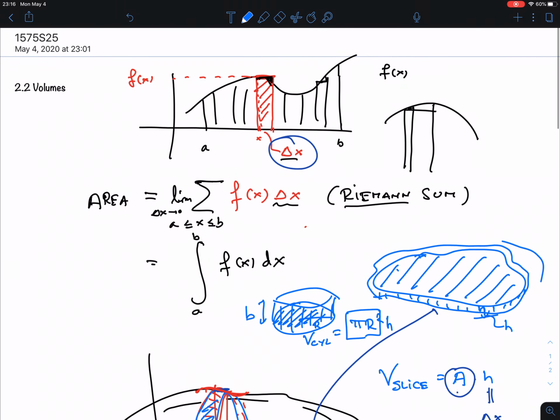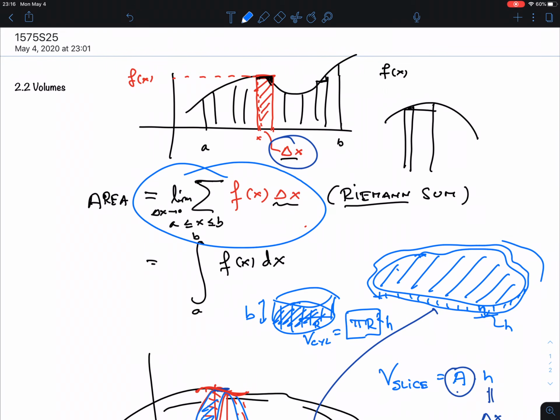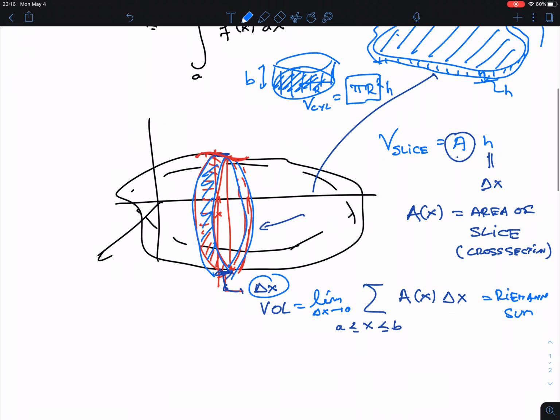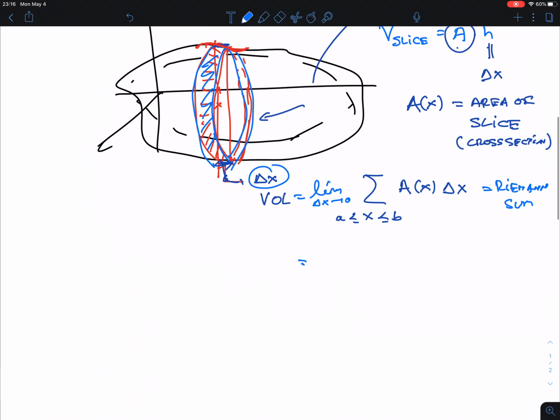It's the same form, except the function is different. That was f of x, here it is A of x. We know it represents an integral from a to b, the endpoints, of the function A of x. We integrate now.